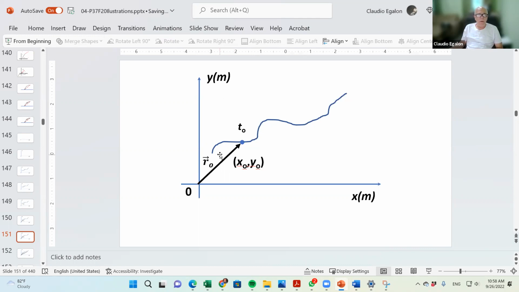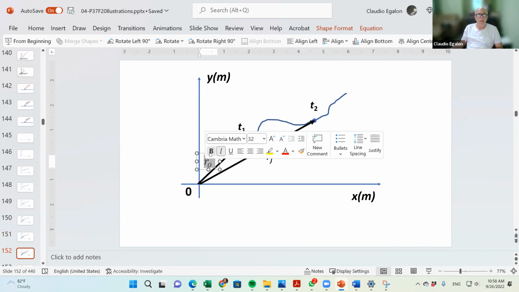And don't forget, this particle is moving along this path here in the XY plane. At time t equal to 0, at time t naught, an initial instant of time, it is here. Later on, it's going to be somewhere along this path. At time t equal to t2, let's say, it is elsewhere.